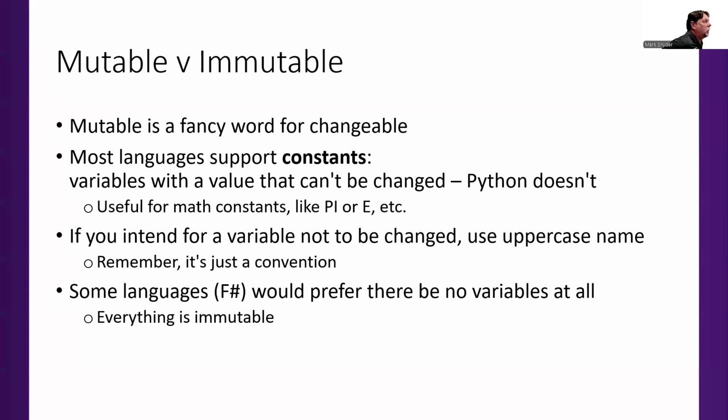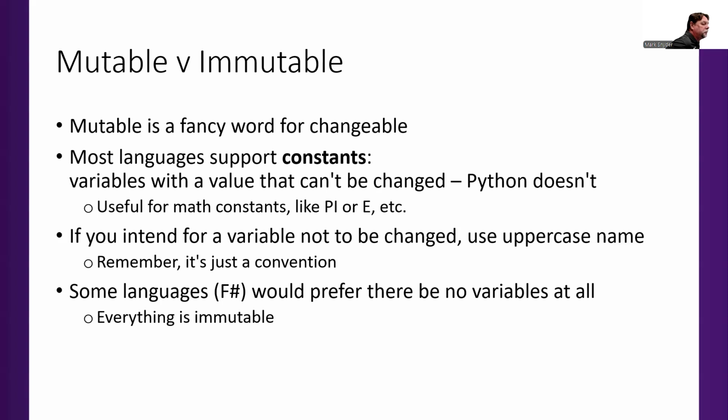Anything that you declare can be changed, it's all mutable. So if I define a variable called pi, and I set it to 3.14, and then later in my code, I set it to 17, and then people start trying to get the area of a circle using my definition of pi, we're going to get some interesting results. But there's nothing that keeps you from doing that kind of thing in Python.